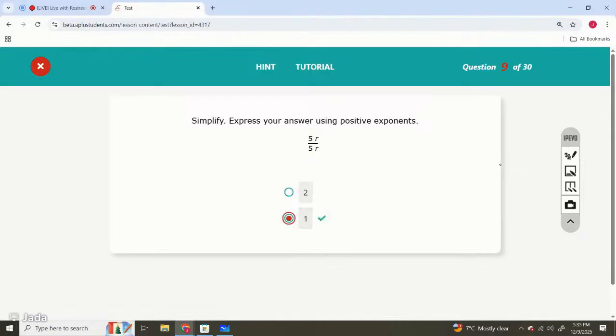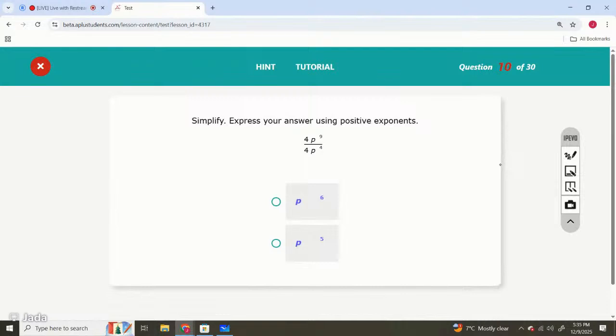The correct option is 1. 4p9 divided by 4p4.